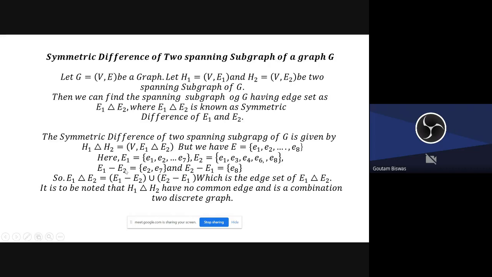E1 minus E2, so E1 minus E1, E2, there is no E2, then E3 minus E3, so 0, E4 minus E4 is 0, E5 minus E5, okay, then E6 minus E6 is 0, and E7 is not here, so E7.